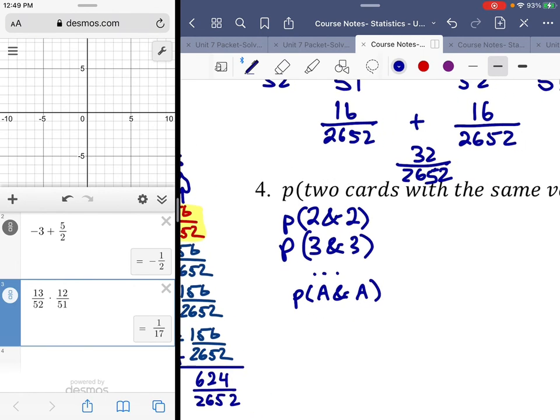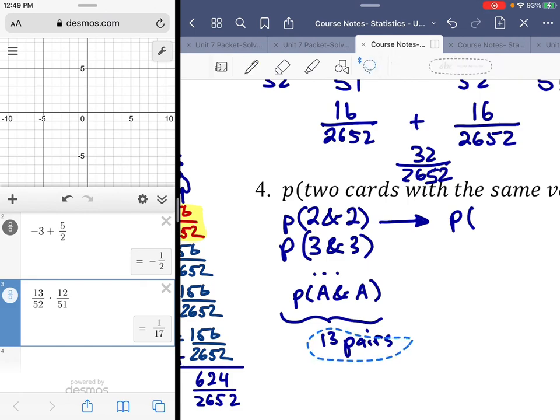All right, and so what we learned in the previous question is, since each card is represented in the deck 4 times initially, all I'd have to do is figure out the first computation and multiply it by the number of pairs that we would have. So here we're looking at 13 pairs. All that is just counting.